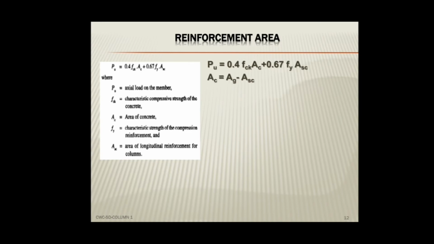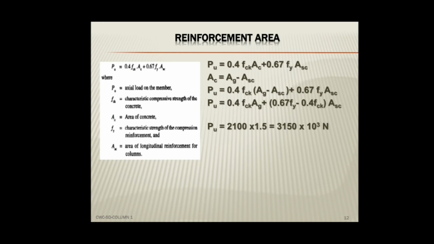So Ac can again be written as Ag minus Asc, where Ag is the gross area and Asc is the area of longitudinal reinforcement of the column. On substitution and rearrangement, we will get the equation as 0.4 fck Ag plus (0.67 fy minus 0.4 fck) into Asc.